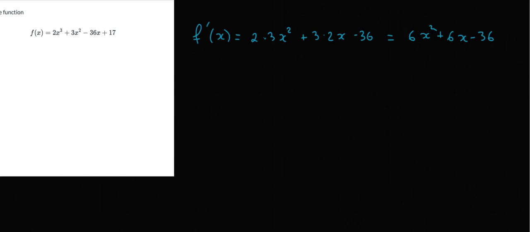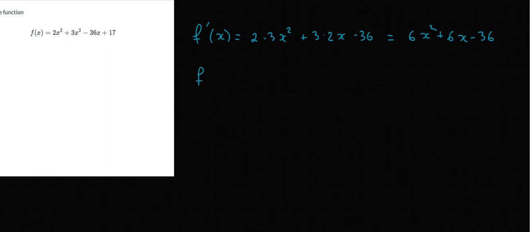Now, what we need to do next is determine for what values of x this derivative is positive and for what values of x this derivative is negative. It is convenient to accomplish this by first calculating the values of x for which the derivative is 0. These are called critical points.